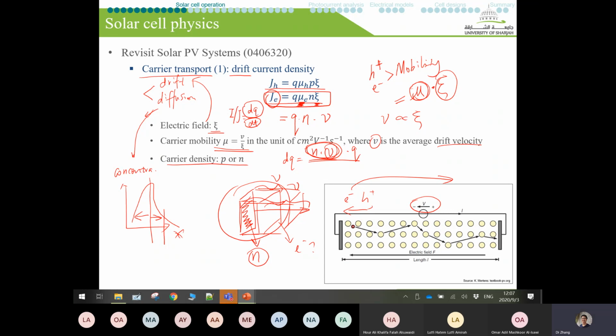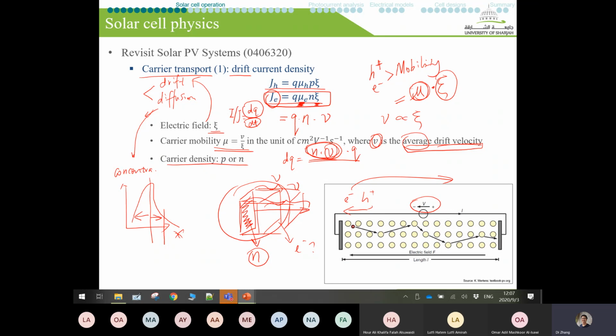Another thing you have to realize is that the lowercase velocity here only represents the average drift velocity. What does average mean? Usually we look at the drift process in a single dimension, in a single direction.